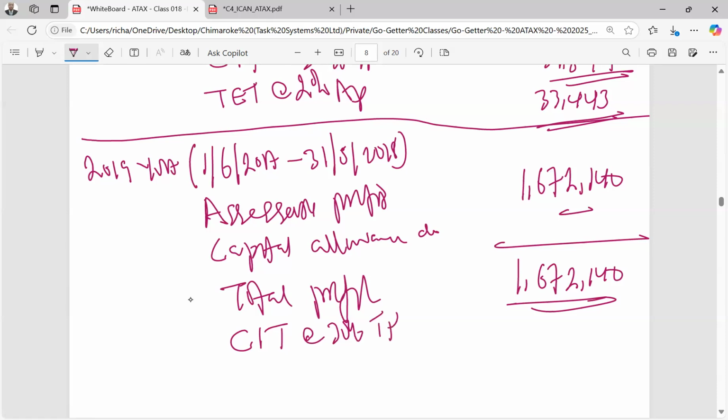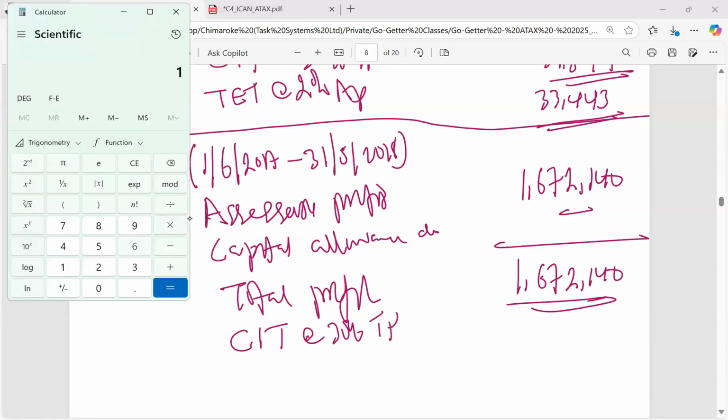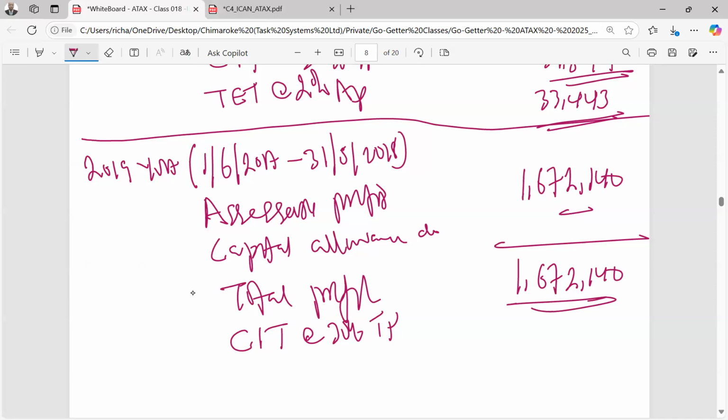So your CIT at 30% of total profit, let's calculate that. 1,672,140 times 0.3 gives me 501,642. And then your tertiary education tax at 2% of assessable profit.